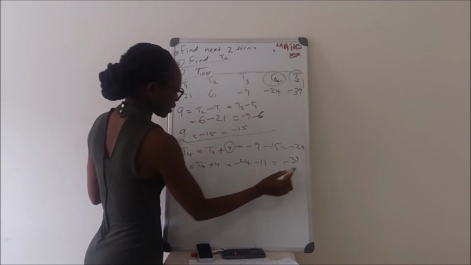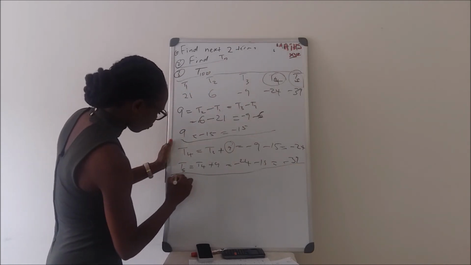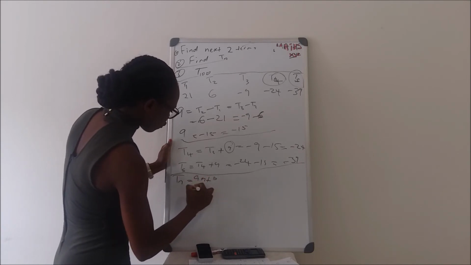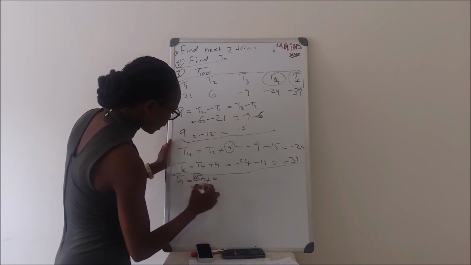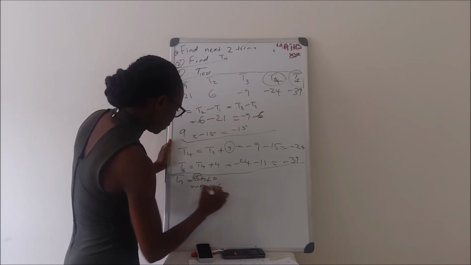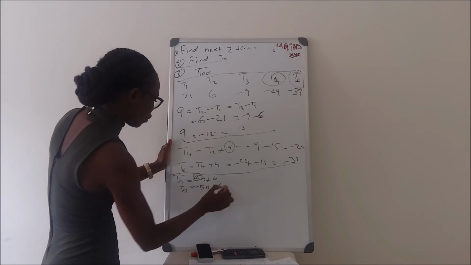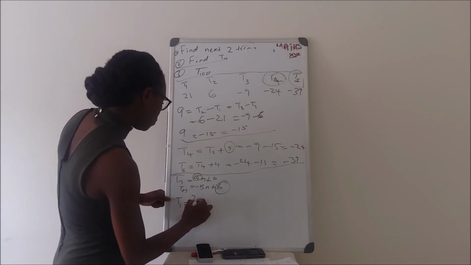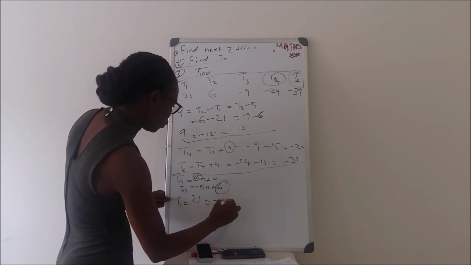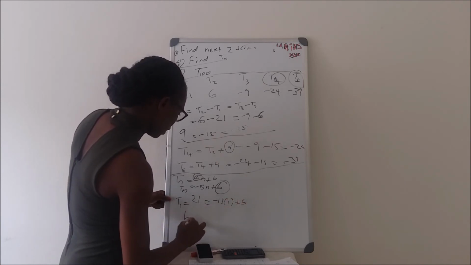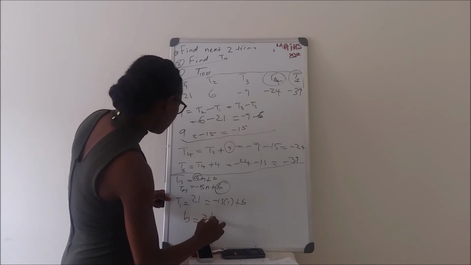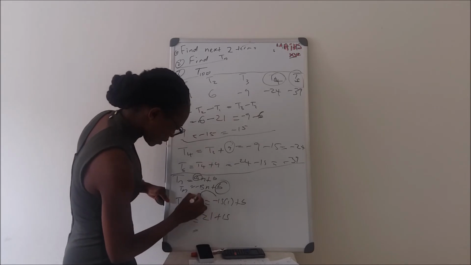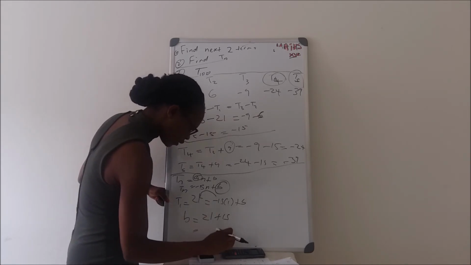Now the next question says we must find Tn, of which Tn is equal to An plus B, which is the standard form. We already know that A is negative 15, so Tn is negative 15n plus B. To get the constant B, we substitute T1, which is 21, so 21 is equal to negative 15 into 1 plus B, so B is equal to 21 plus 15, because when it jumps the equal sign it becomes positive.